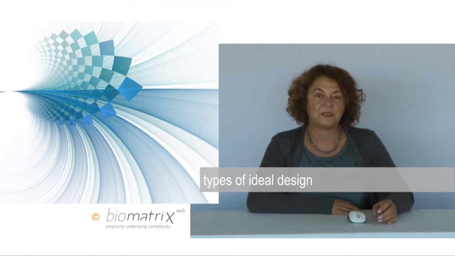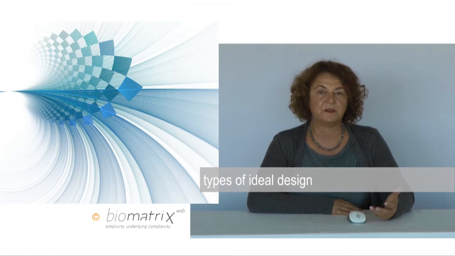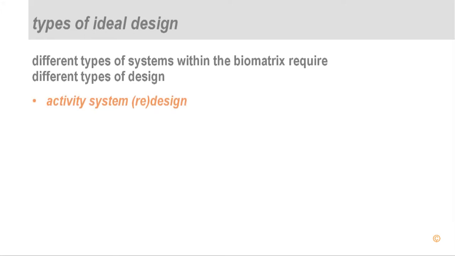In the biomatrix, we distinguish different types of systems: activity systems, entity systems, and the web systems, subwebs. And accordingly, we can distinguish different types of designs. There's first of all the activity system redesign, that is the redesign of string-like systems like functions, projects, activities.